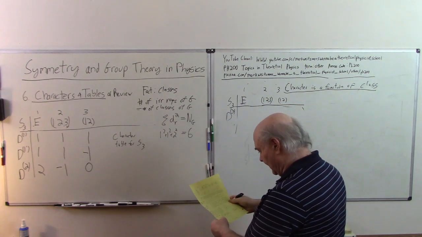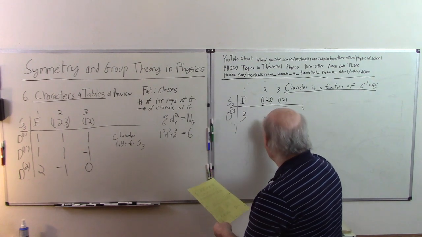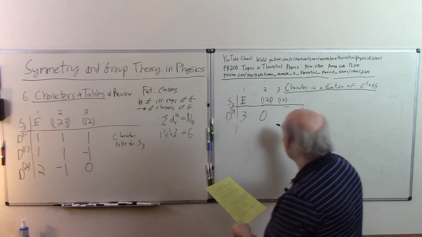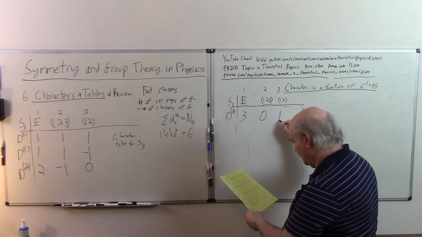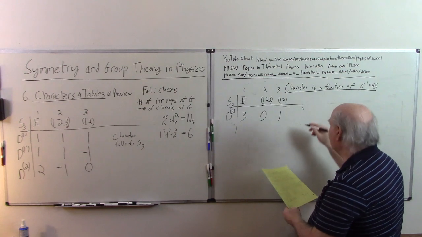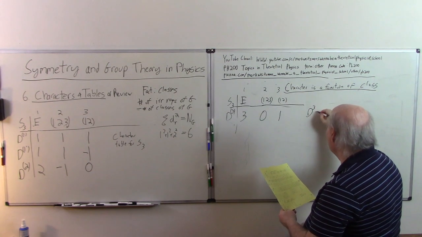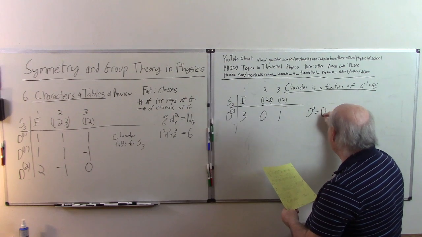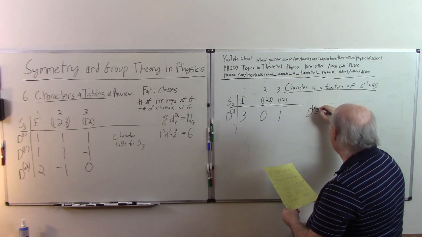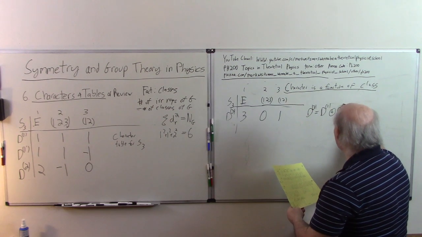So for the 3-dimensional representation, the identity is 3. (1 2 3) is 0, and (1 2) is 1. And if you recall, I said before that D3 is equal to D1 direct sum D2.